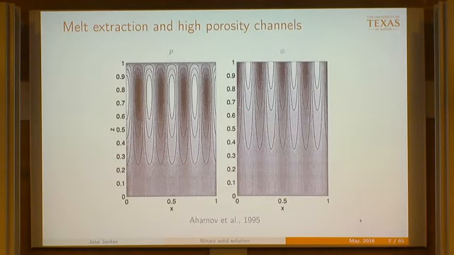So this is the 1995 paper by Aharonov and others. This is like all the Columbia work from the past 20 years or so. She showed that during this sort of decompaction gradient reaction, you could organize your melt into these high porosity channels, is what this plot shows here.